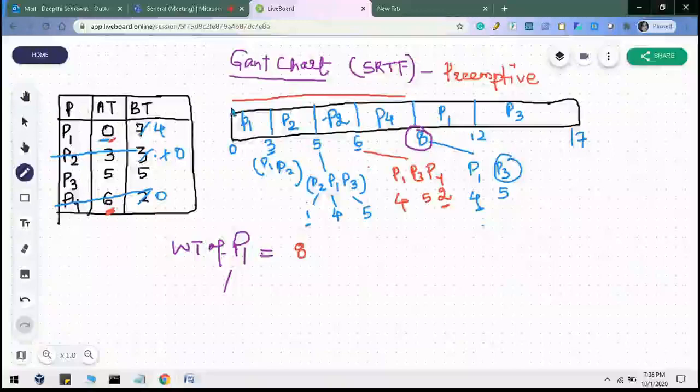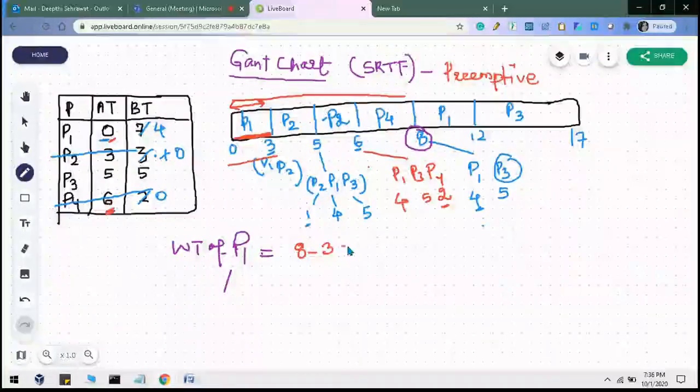But during this time, the P1 process was executing, right? And it executed for how many milliseconds? 3 milliseconds. This time, P1 was not waiting, but it was executing. So this will not be counted in your waiting time, but this is your execution time. So we will subtract this slot, and how much time is it taking? 3.